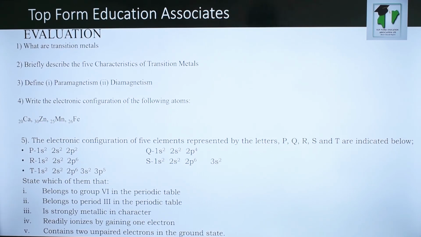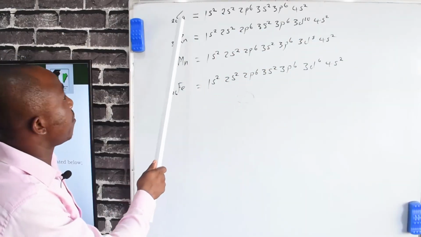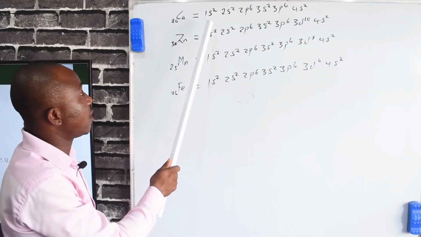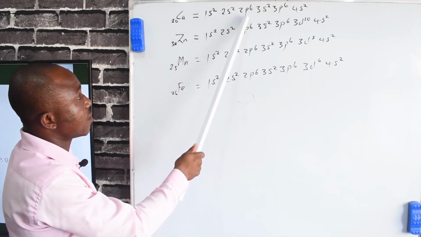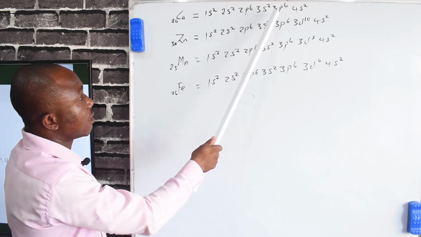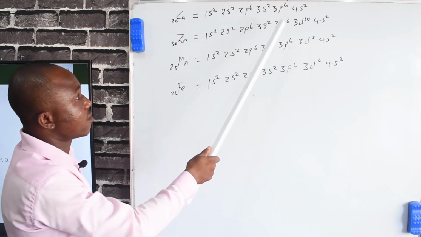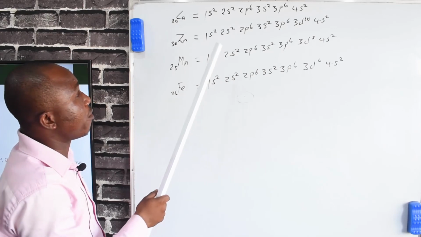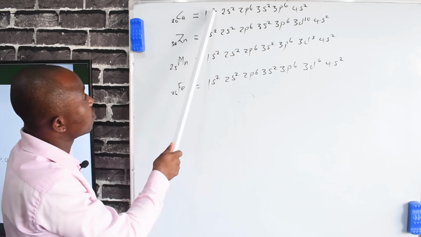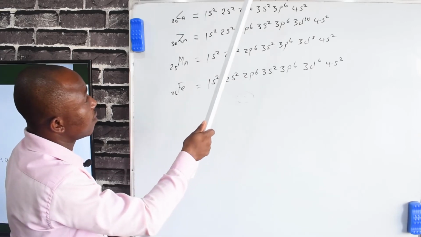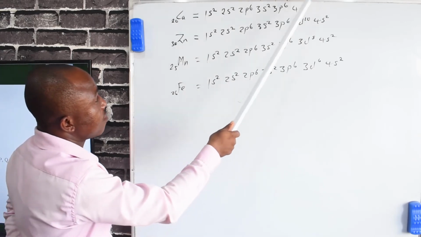For number 4, we are going to write the electronic configuration of the atoms. Calcium has atomic number of 20, and its electronic configuration is 1s2, 2s2, 2p6, 3s2, 3p6, and 4s2. If you calculate the total number of electrons, each orbital is calculated: 2, 4, 10, 12, 18, 20.